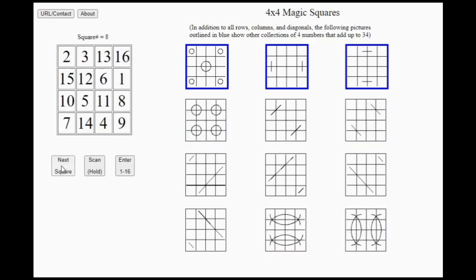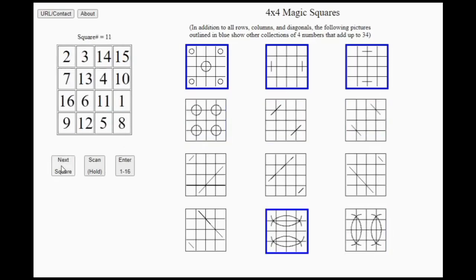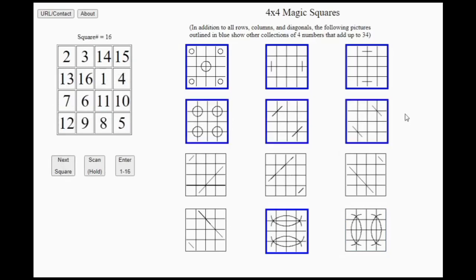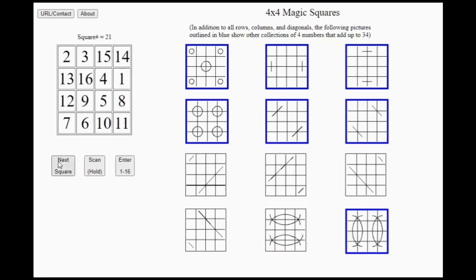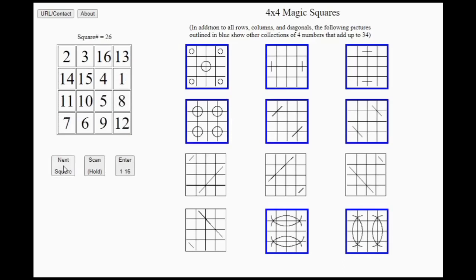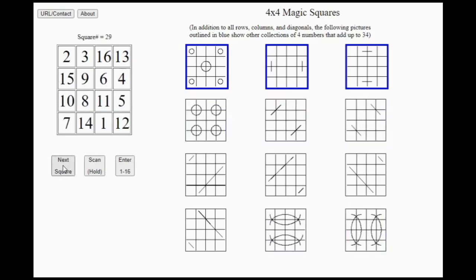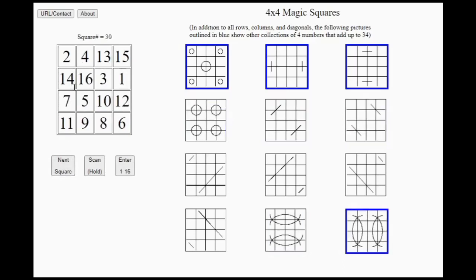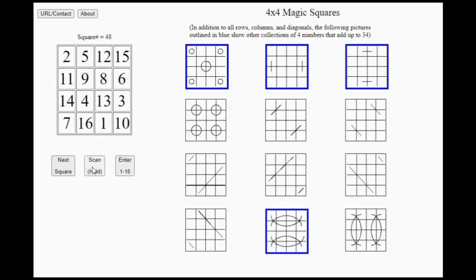with 2 in the upper left hand corner, and we can see how the patterns change from square to square. Now the next question is, okay, how many squares exist with 2 in the upper left hand corner?